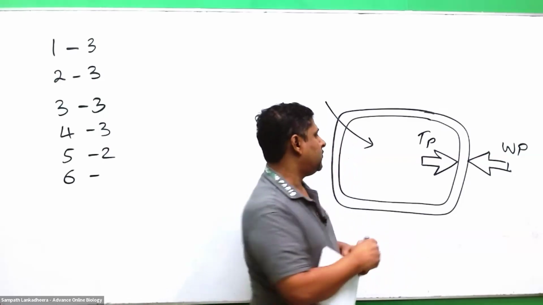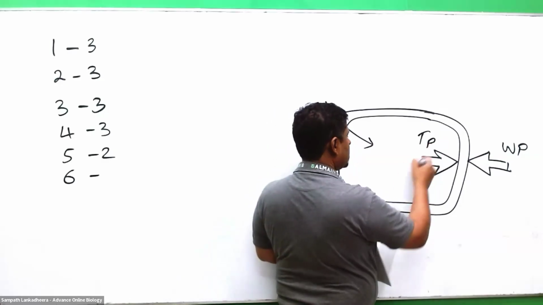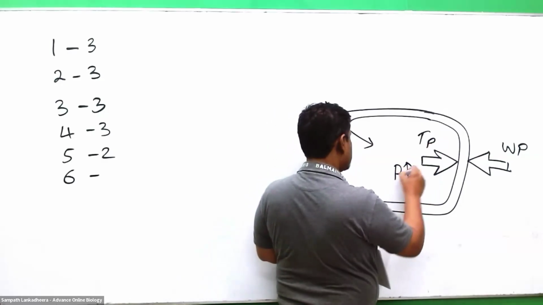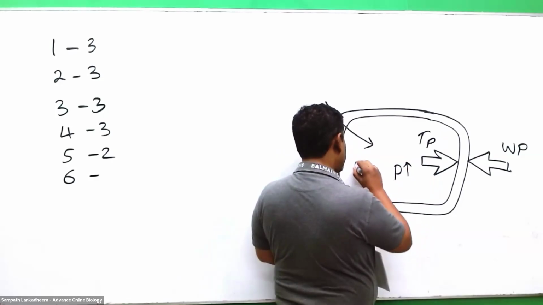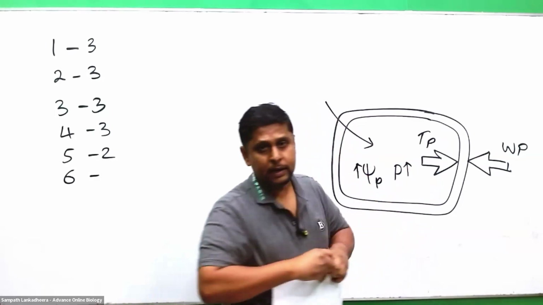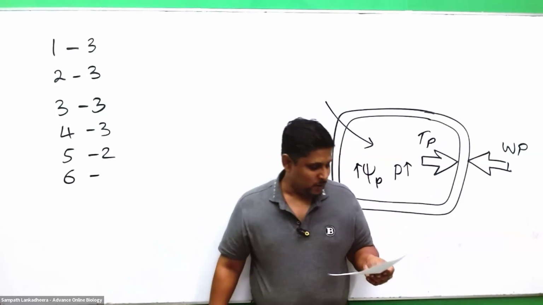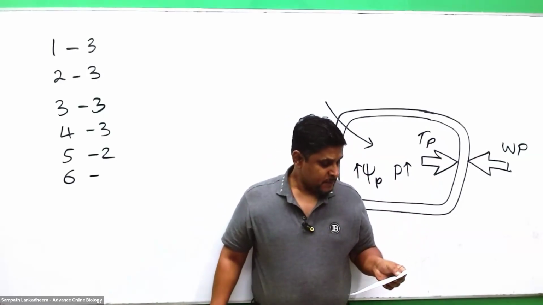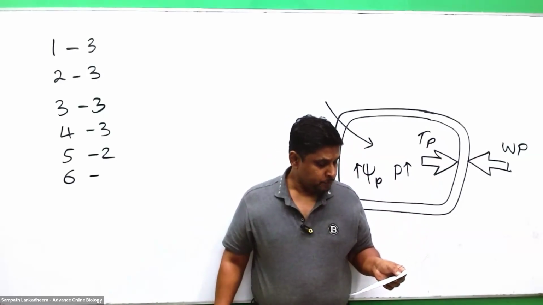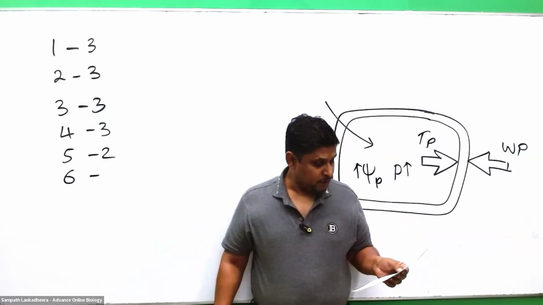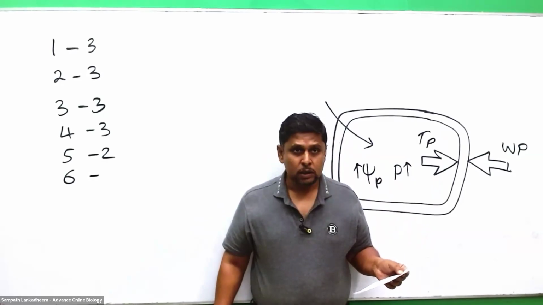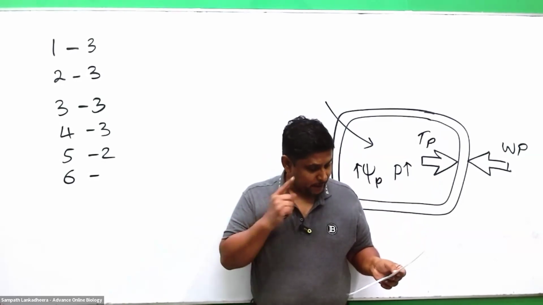So when the turgor pressure builds up, pressure rises. As a result, psi P rises. That is how it happens. Not affected by osmotic uptake of water? Wrong, it is affected.